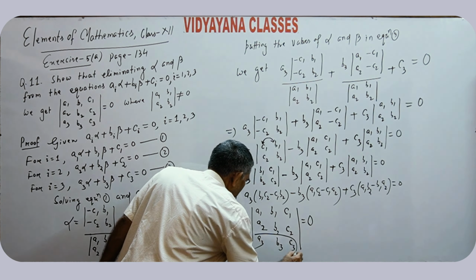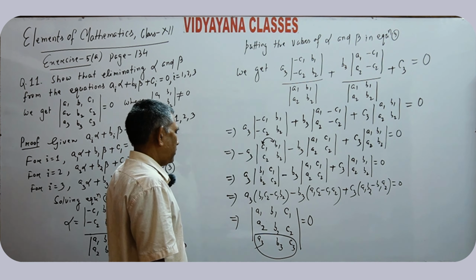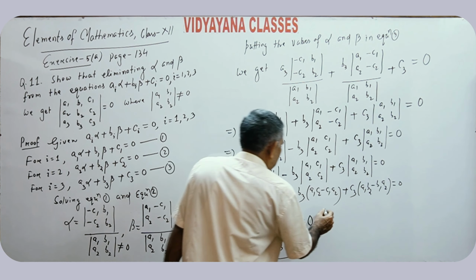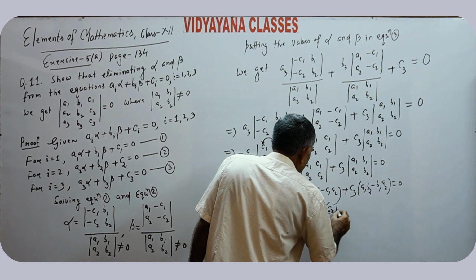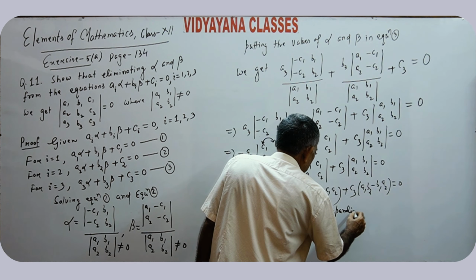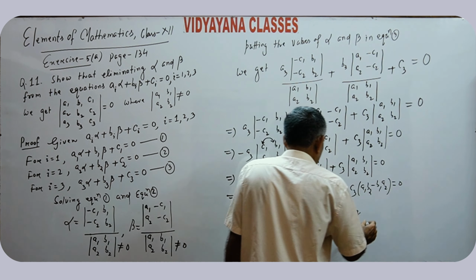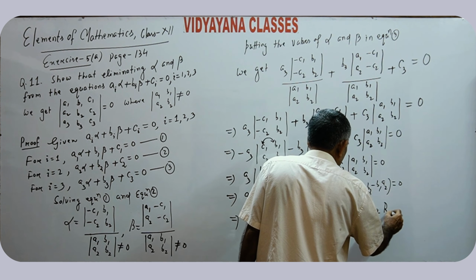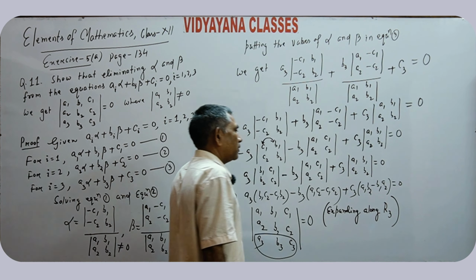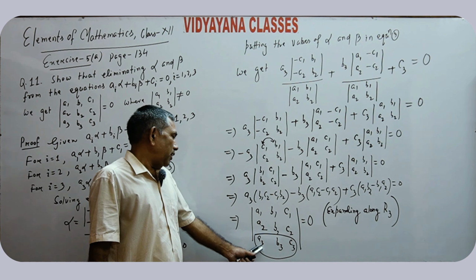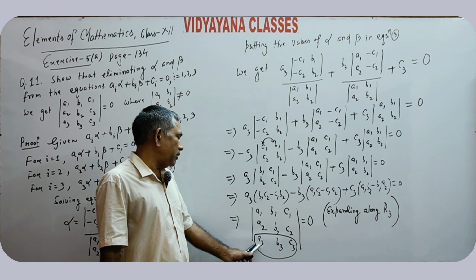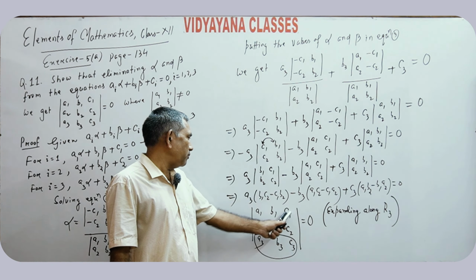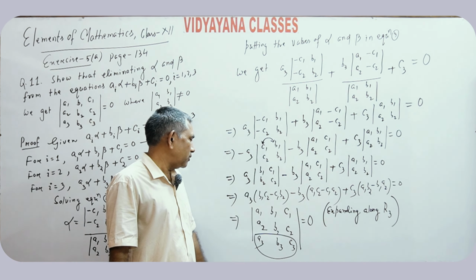Expanding row 3, it gives this result. Expanding along third row, A3, its sign is positive. A3 into B1 C2 minus C1 B2.